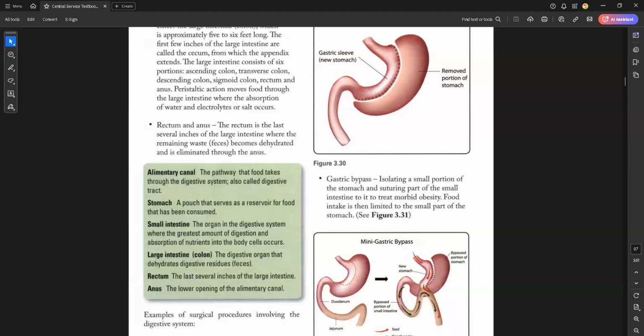All right. Okay. So as you can see, we have a rectum and then the anus, and then we have the gastric bypass. Now, let's look at some of the surgical procedures. The one below, figure 3.30, is gastric bypass, isolating a small portion of the stomach and suturing part of the small intestine.